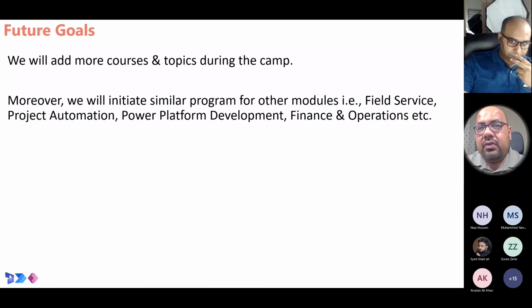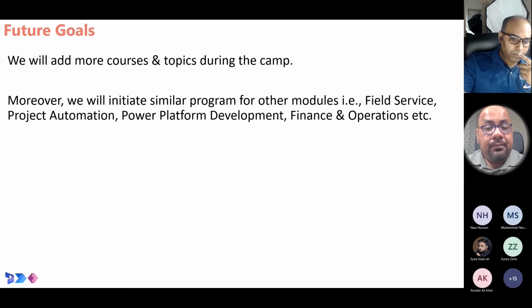If we identify some topics that we would like to add to our content, we will add them. Because of the changes coming up in the market, you can imagine that every month or every quarter there is a lot of feature updates and new releases coming into place. So we will try to cover everything. Not everything, but a maximum portion.